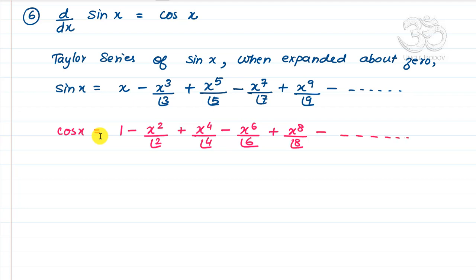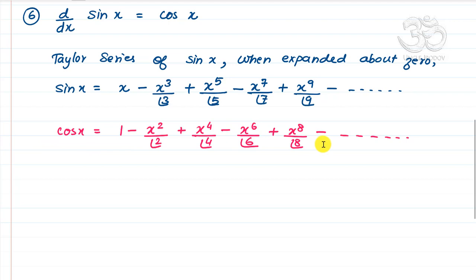The series goes on. The key thing to keep in mind is that both sine and cos have the first term plus and thereafter alternate. So it will be plus x for sine and plus 1 for cos. And keep in mind that sine will have all the odd powers, cos will have all the even powers.